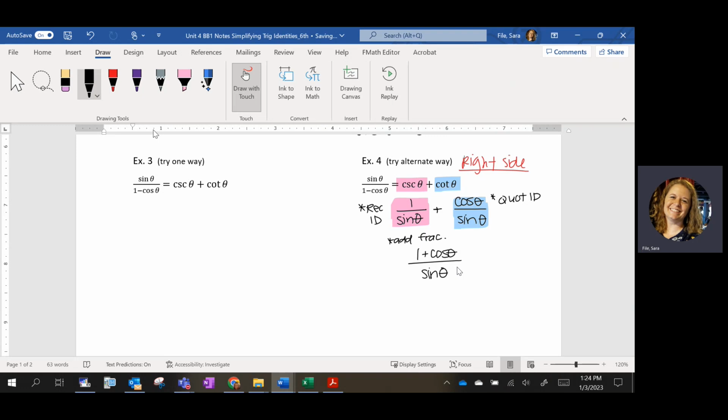So if I multiplied by, like, just multiply by sine to the numerator and the denominator. Yeah. So I could do that, which would give me sine squared. But in my numerator, it wouldn't really get me to a point where I could do anything, right? So I'm not going to say we couldn't do that.